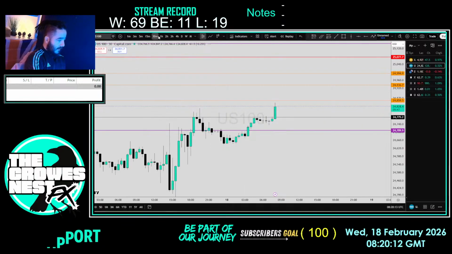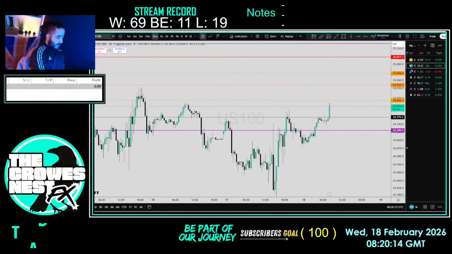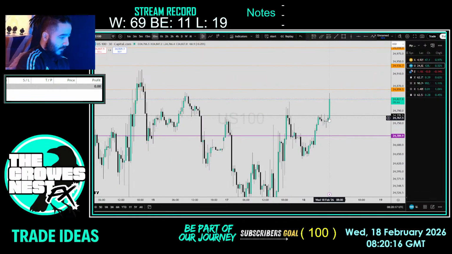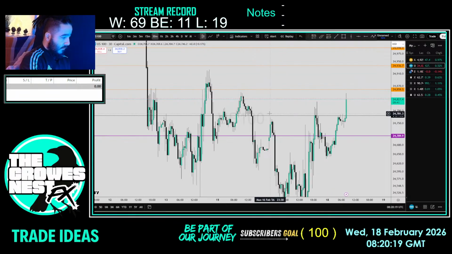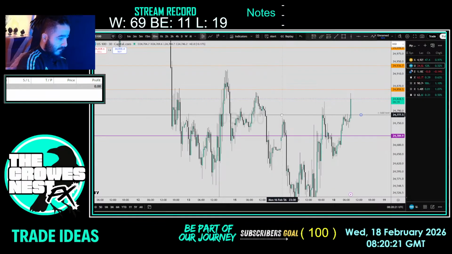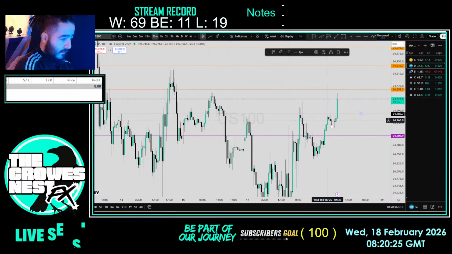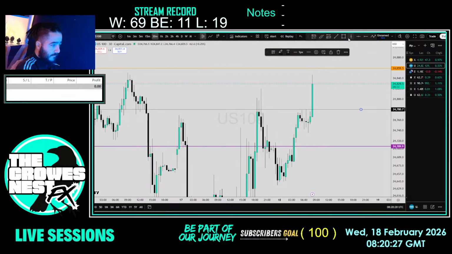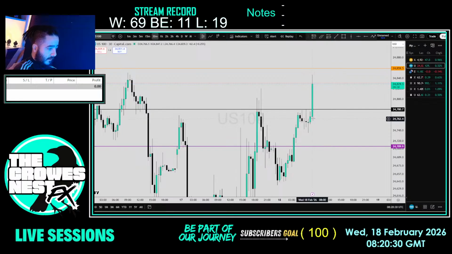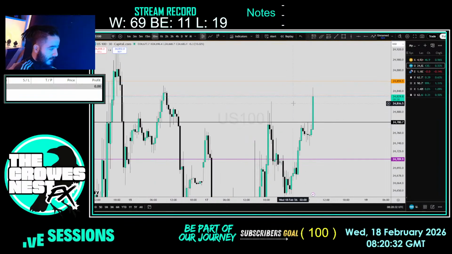Let me have a look at the lower candles. Do we take this or not? So the 1 hour is still respecting this level. There's a 1 hour range here. That's a 1 hour level. We've not broke out yet.